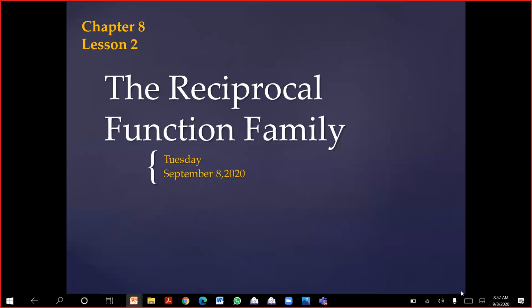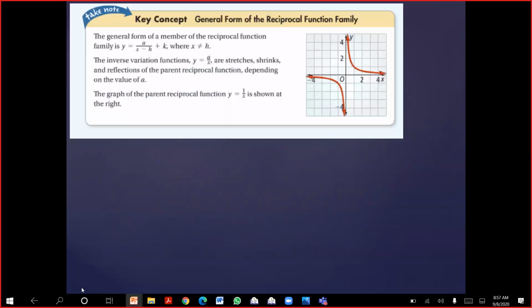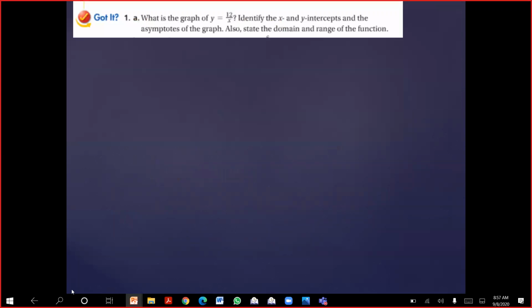In the previous lesson, we talked about the inverse and the direct variation and how to differentiate and find the function.